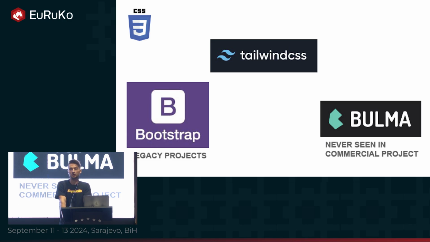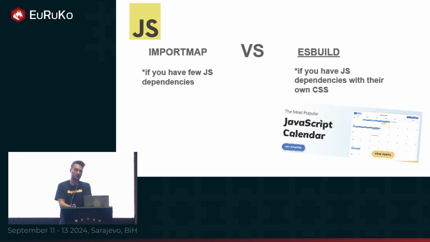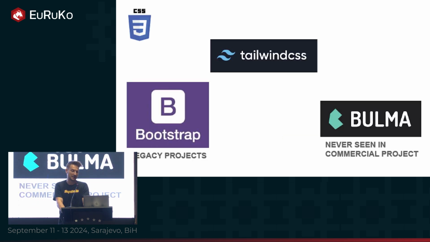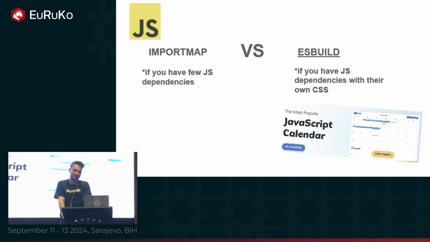Nowadays, I haven't worked with any projects that started in the last 3 or 4 years that were not using Tailwind. There's also an option to install Bulma, for example, but I've never seen a non-hobby project on Bulma. Maybe it's just me. So Tailwind is, I would say, the gold standard of writing CSS in our time.